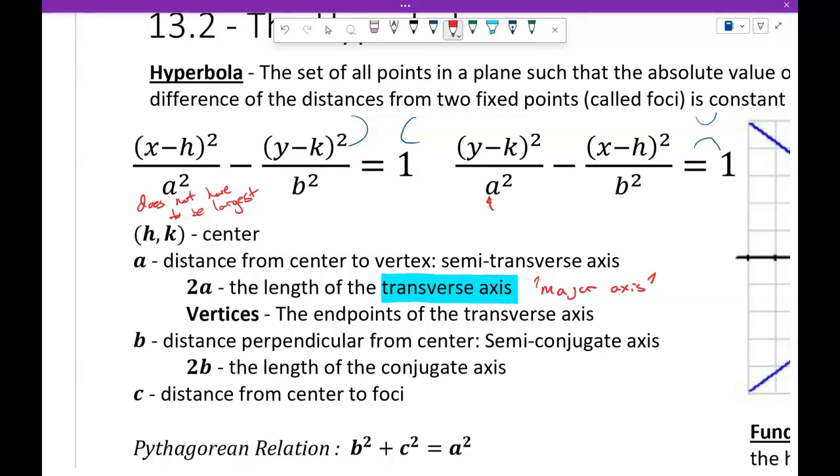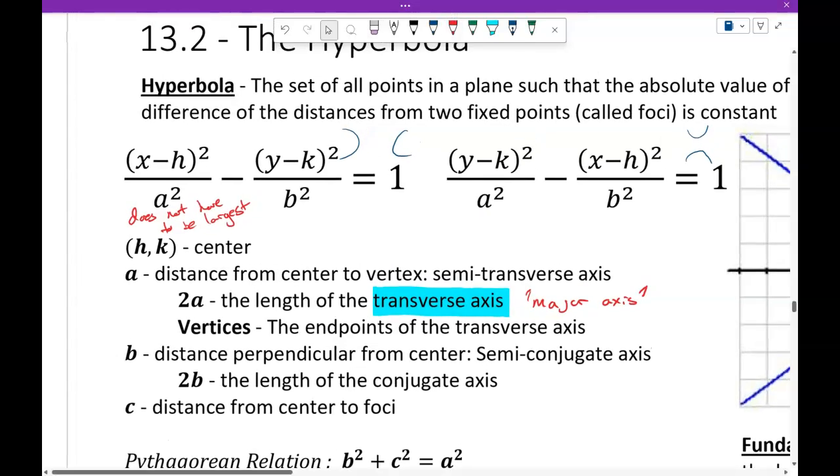But when adding on the ellipse, addition is commutative. The order doesn't matter. So which denominator is first is irrelevant, but the size of the denominator tells us which one is the major axis, being the largest. A is always going to be part of our transverse axis, and A will always be first on the hyperbola. So it's a key difference between the two to note.